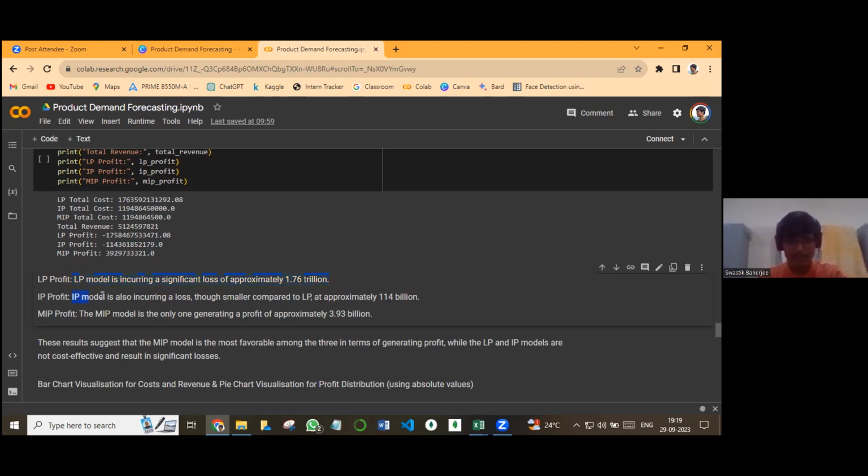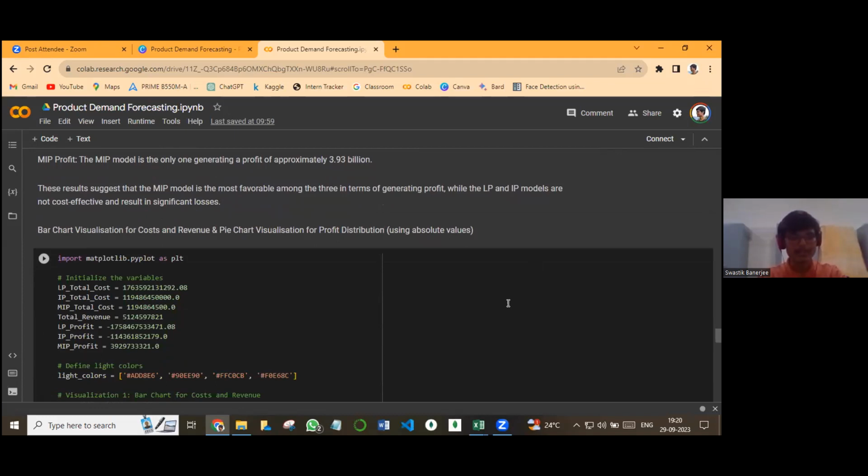For IP, it also incurs a loss. As you can see, the profit is negative. The IP model is also incurring a loss, though smaller compared to LP, approximately 114 billion. That's also quite large. Only the MIP model, the more advanced model compared to IP and LP, generates a profit of approximately 3.93 billion. We have positive profit for only the MIP problem.